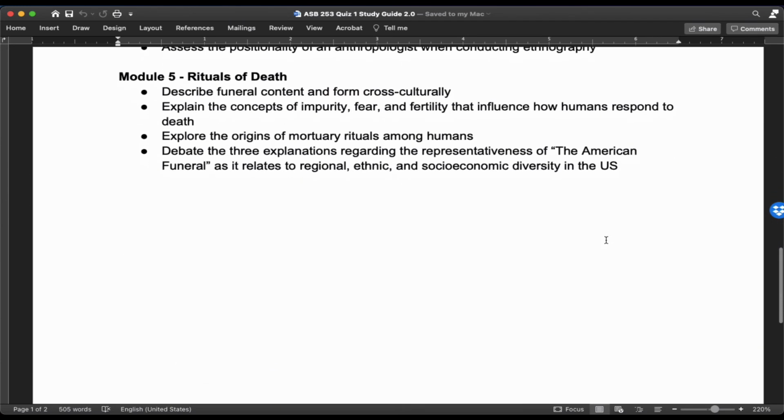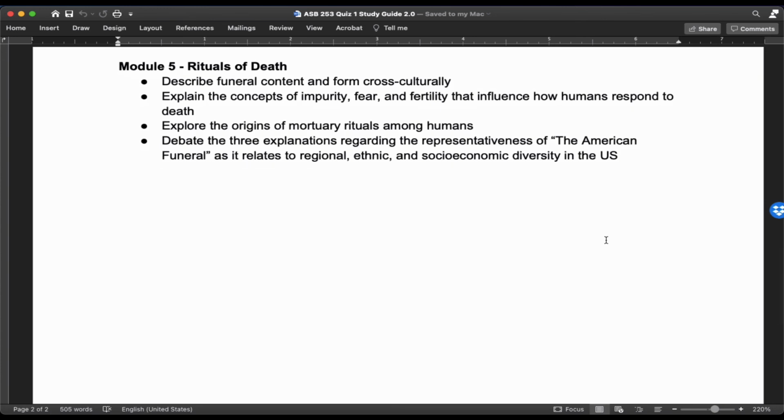Lastly, Module 5, which was just last week, we talked about the rituals of death. Your textbook talked quite a bit about funeral homes as this trend that I mentioned earlier of a shift in care for the dying and dead from family members to these things being taken care of outside of the home.